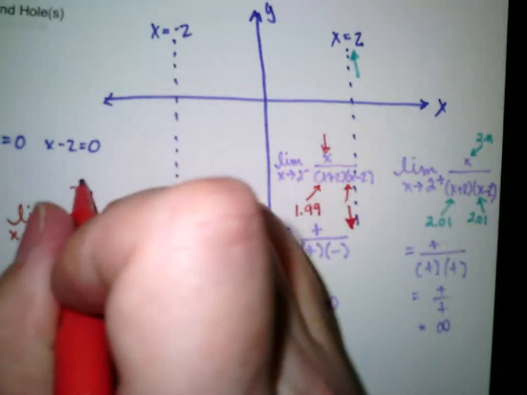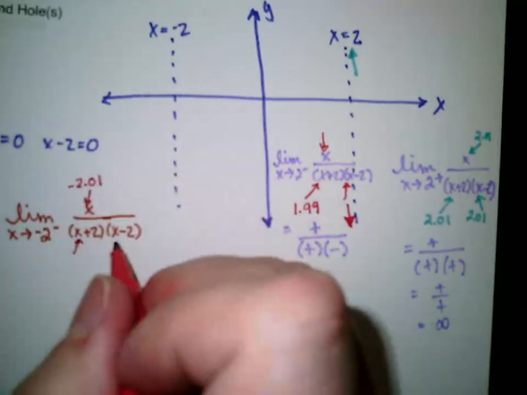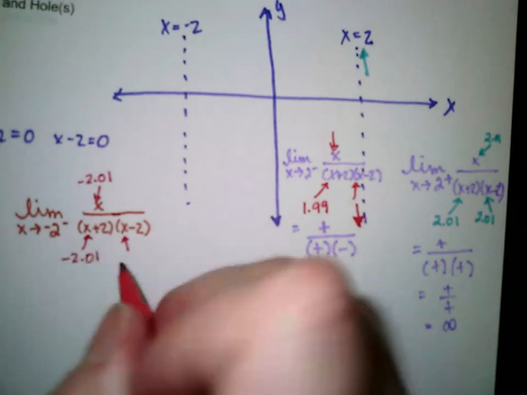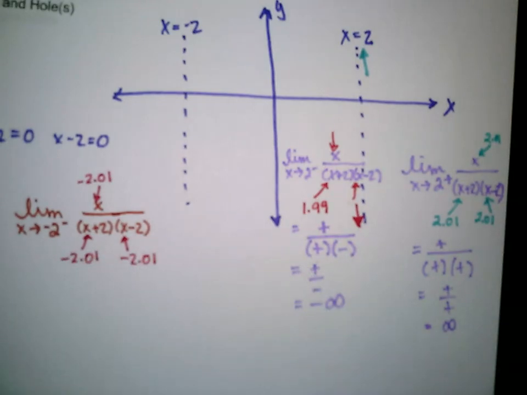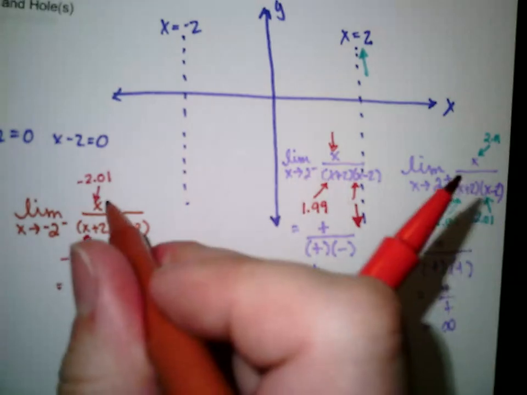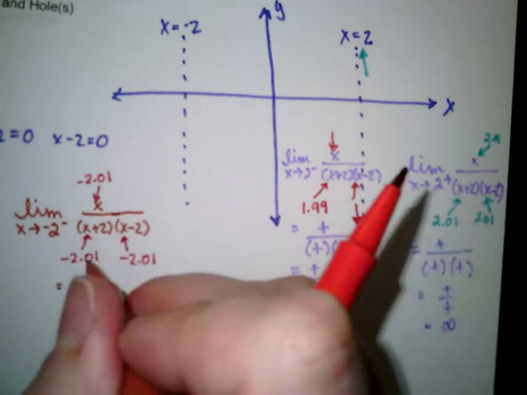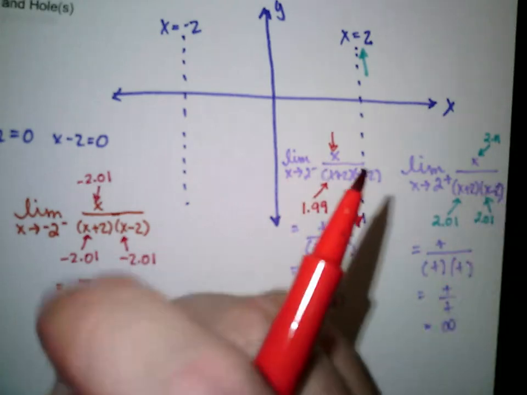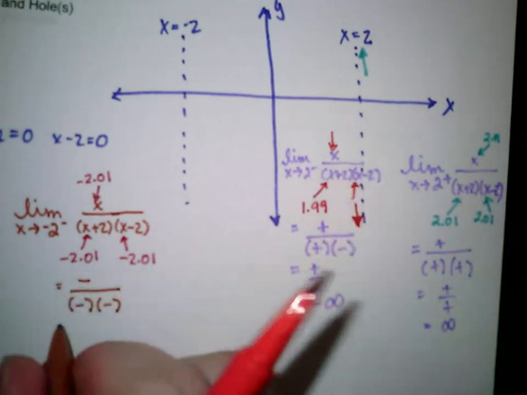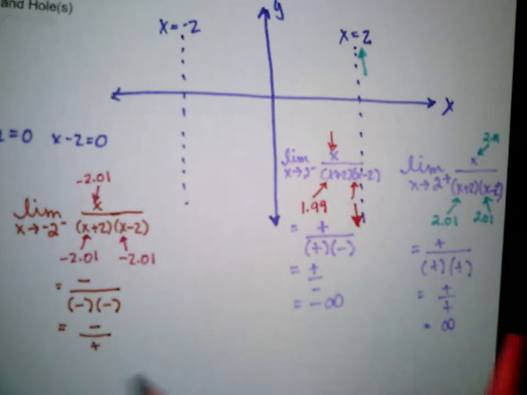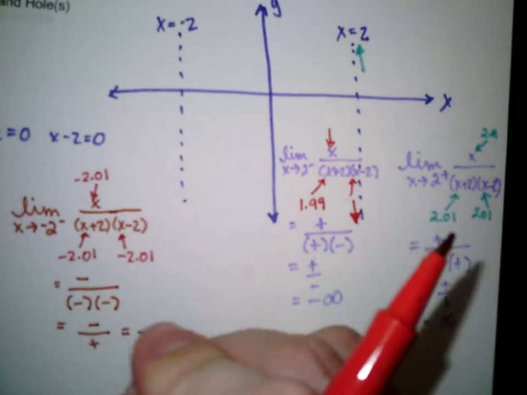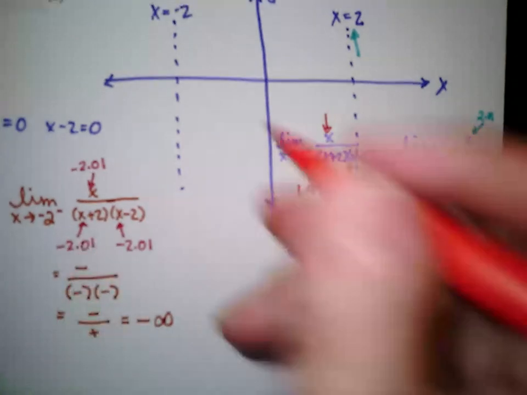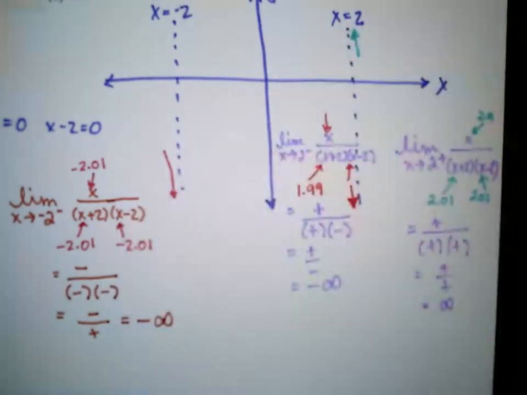So I'm going to replace all three of these x spots with negative 2.01, which is going to give me a negative number in the numerator. Negative 2.01 plus 2 would be a negative number. Negative 2.01 minus 2 is also negative. So I get a negative divided by a positive, which will be negative infinity. So on the left-hand side of negative 2, my graph is headed towards negative infinity.